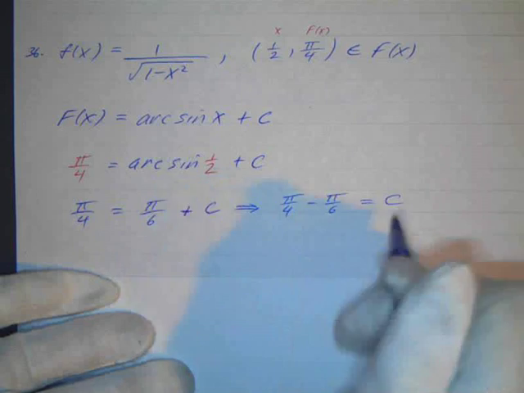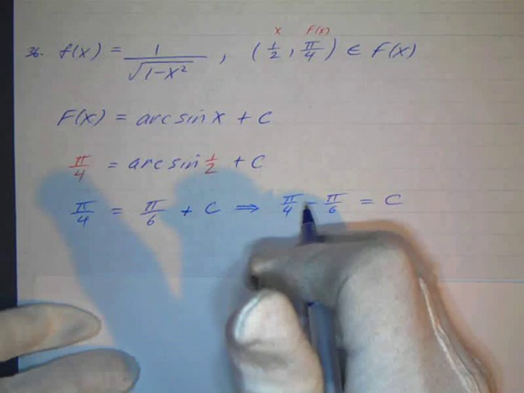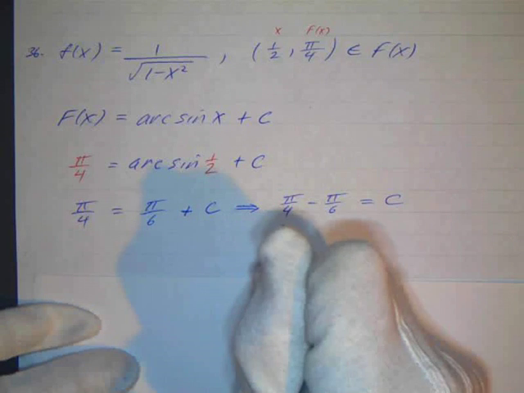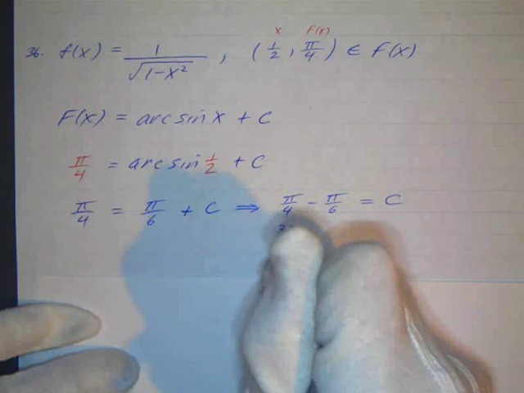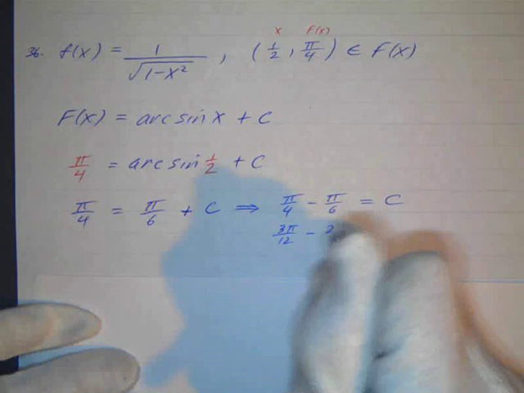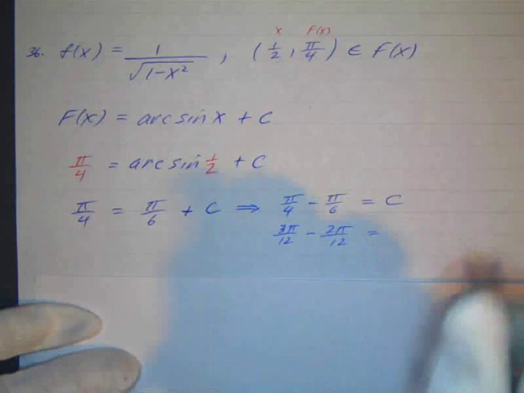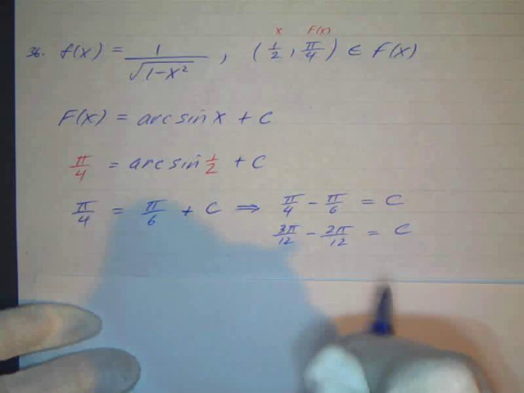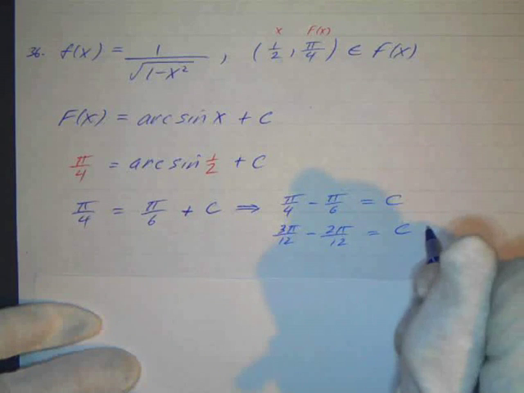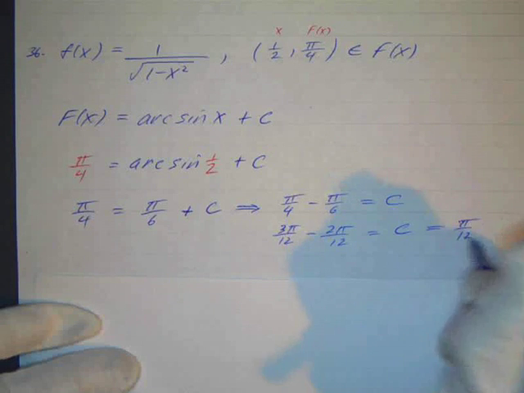Well, pi over 4, we want to combine these, so this would be 12. How many 12s? 3 12s? And this is going to be 2 12s. So 3 minus 2 is 1, so that implies that c equals pi over 12.